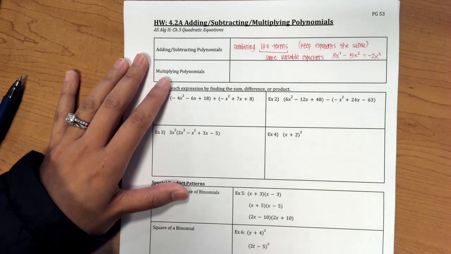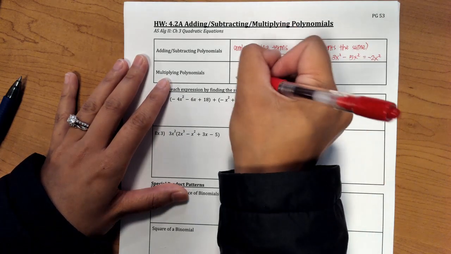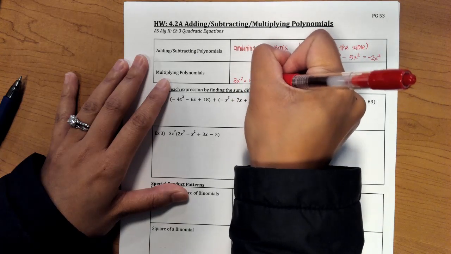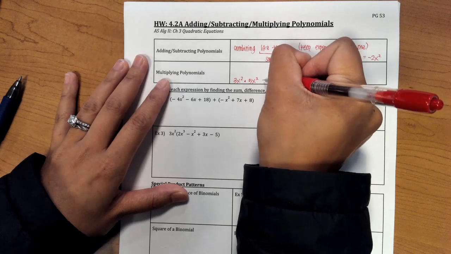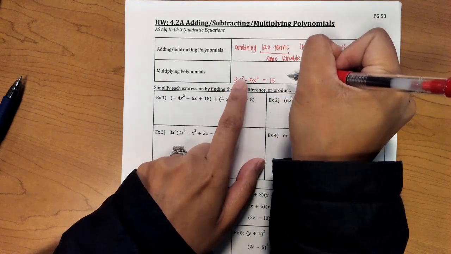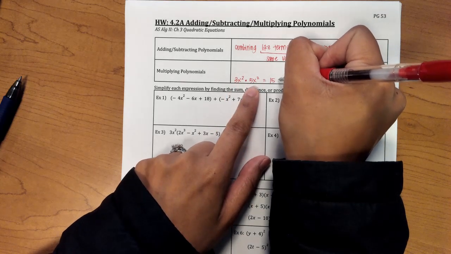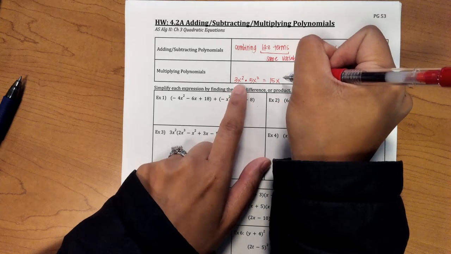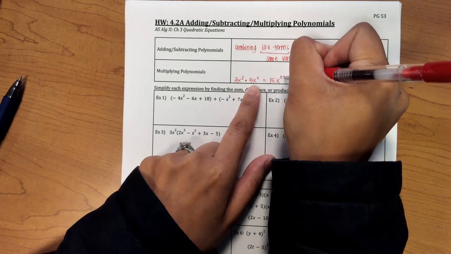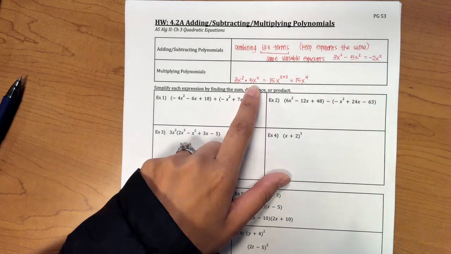Okay. When we multiply, right, we're doing something different. So this will be something like 3x squared times 5x squared. And so what you'll do is you'll do 3 times 5 is 15, and then you'll do how many x's do we have now, right? So then you have x squared is 2 of them, and then you have 2 more. So it's really 2 plus 2, which is 15x to the 4th.